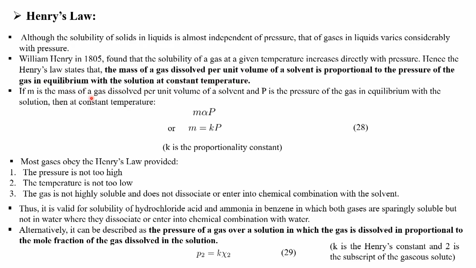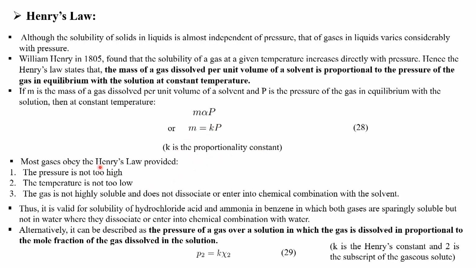So if m is the mass of a gas dissolved per unit volume of a solvent and P is the pressure of the gas in equilibrium with the solution, then at constant temperature m is proportional to P, or m equals K times P, where K is the proportionality constant.